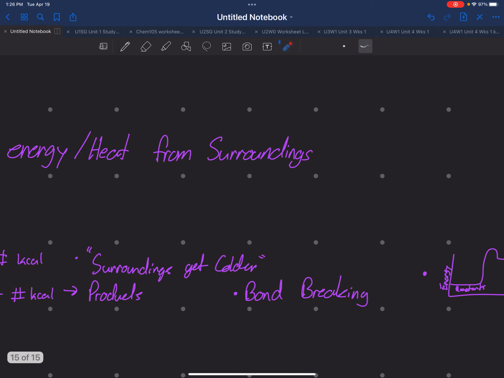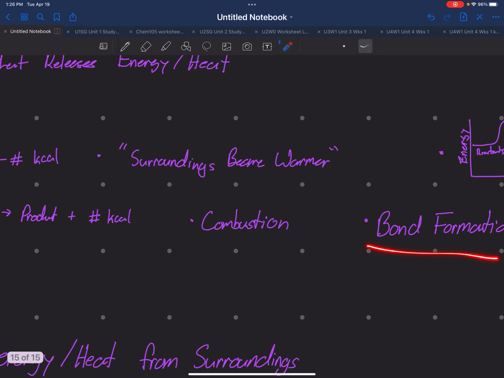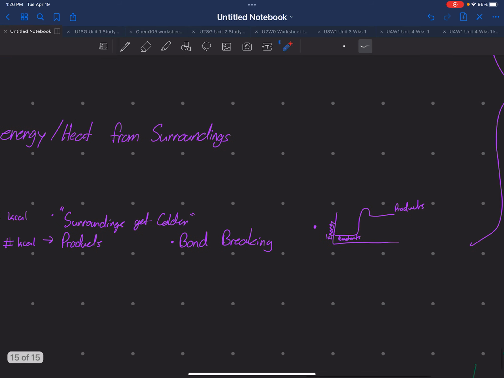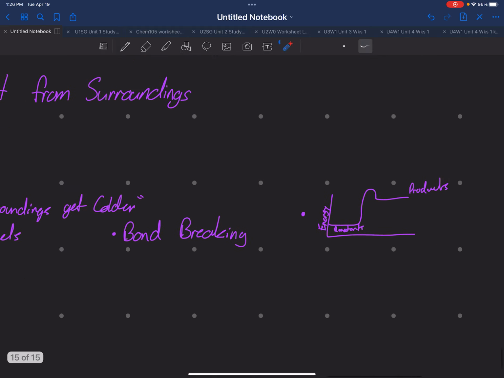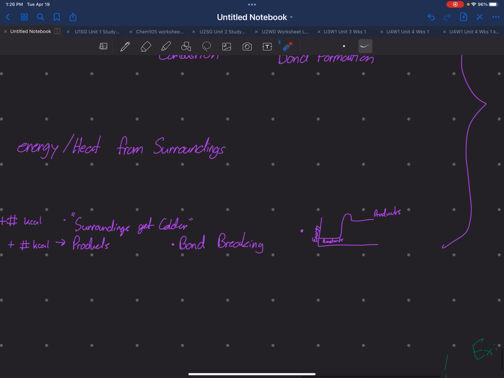So bond breaking is endothermic. Bond formation is exothermic. And then here's a graph again, this time for endothermic. So here your reactants are lower than your products. So this is endothermic. Okay.